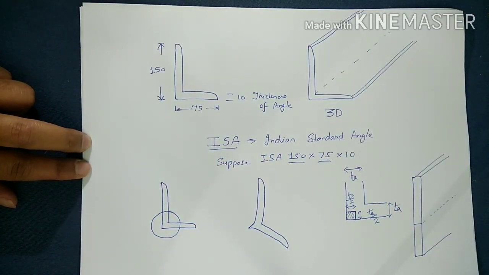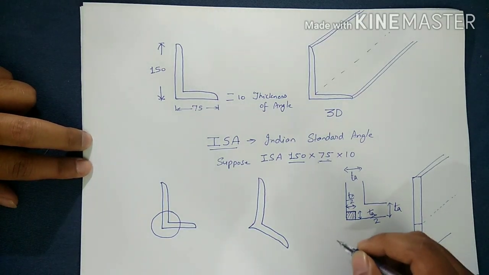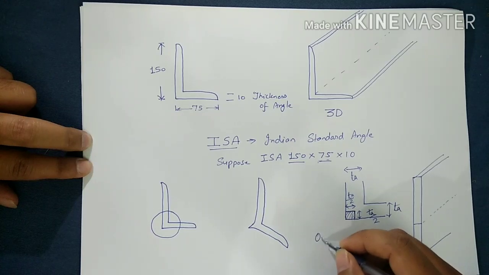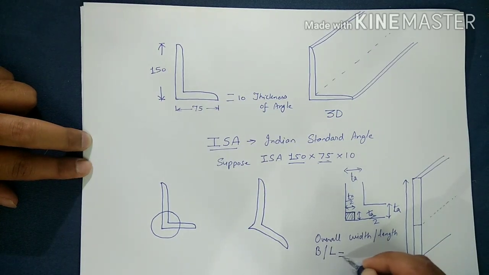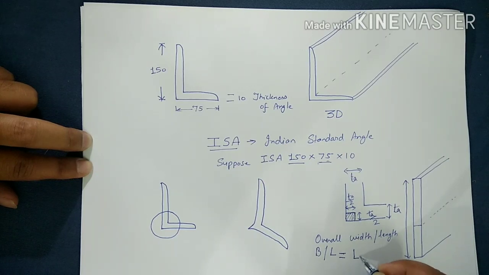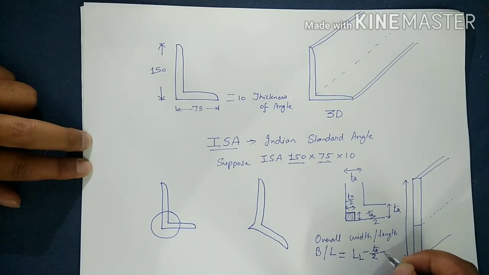So when an angle is flattened, the overall length, or we can say overall width, will be equal to length of longer leg minus TA by 2 plus length of shorter leg minus TA by 2.